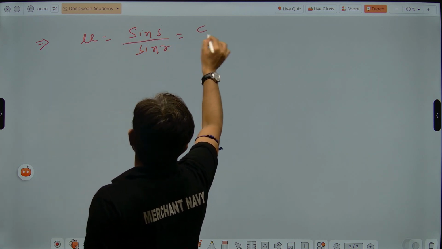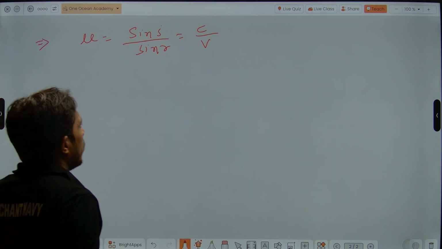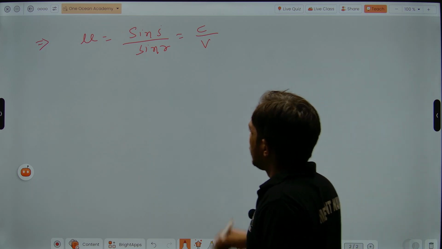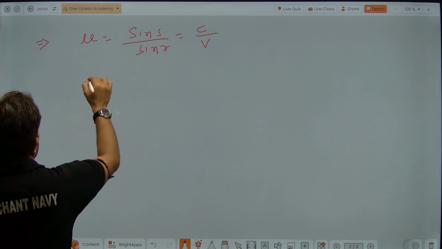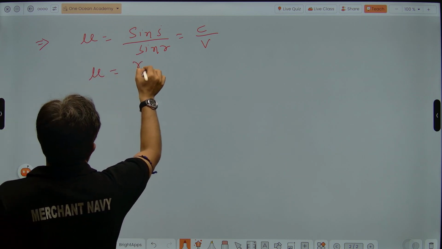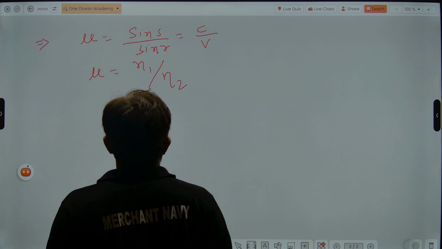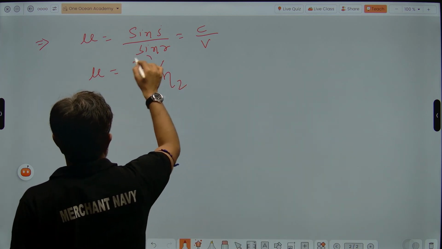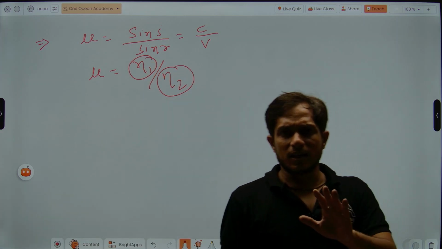It also becomes c upon v, where c is the speed of light in air or vacuum with respect to the speed of light in any medium. Mu is also the ratio of the refractive index of the first medium with the refractive index of the second. That is clear?